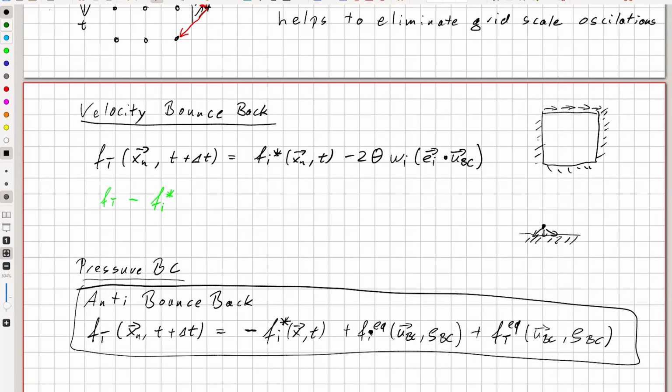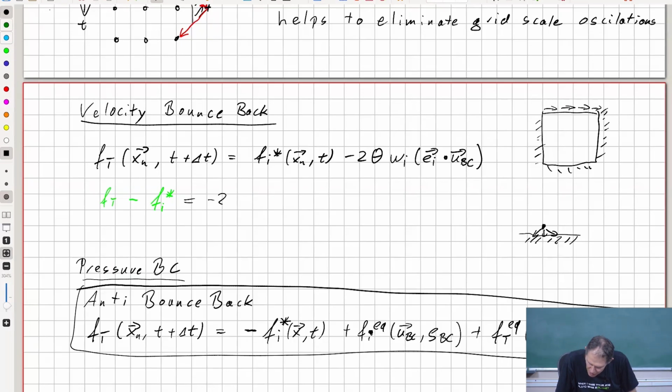So you see this is acting on a first order moment, because the difference between the one that is going in and is going out is equal to the velocity. So it would be minus 2 theta wi ei times ubc, right? So this sets a first order moment.